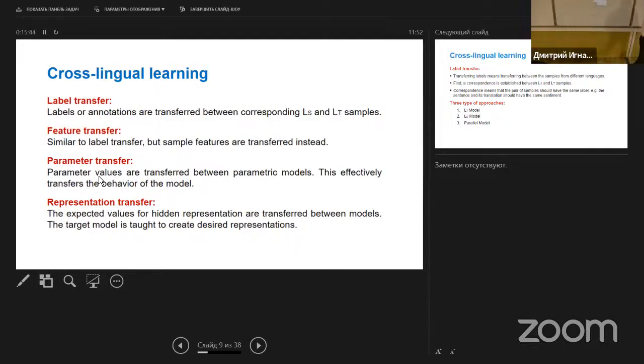In this approach, we are interested in transferring the behavior of the model from the source language to the target language. And the last one is representation transfer, where we are interested in transferring the hidden representation from one language to the other.